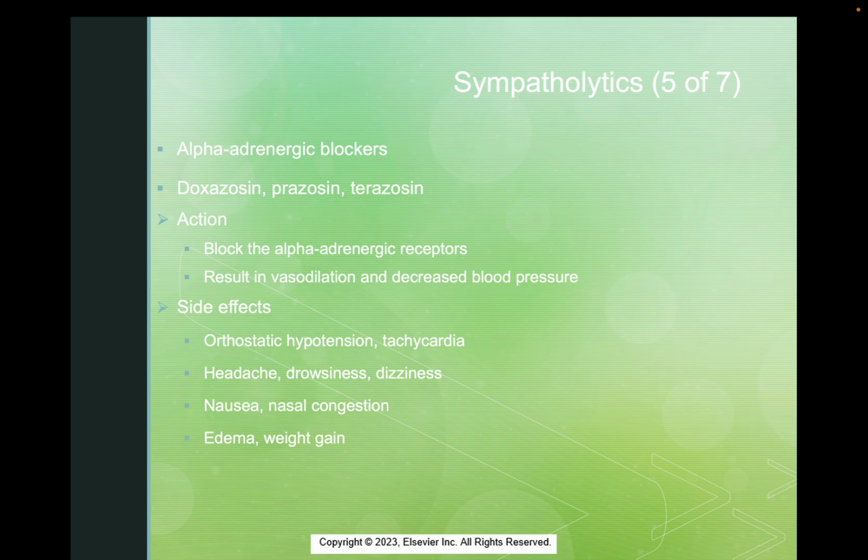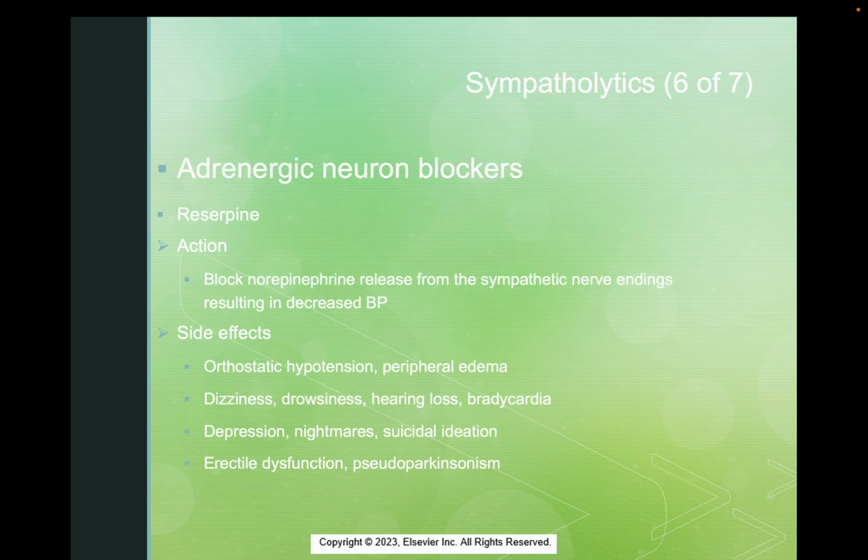Again, the effects of all of your blood pressure medications could essentially lead to hypotension. Headache, drowsiness, dizziness, nausea, nasal congestion, and potentially on this one, edema and weight gain as well. Adrenergic neuron blockers are a potent antihypertensive that block norepinephrine release from the sympathetic nerve ending and cause a decrease in norepinephrine, resulting in a lowered blood pressure.